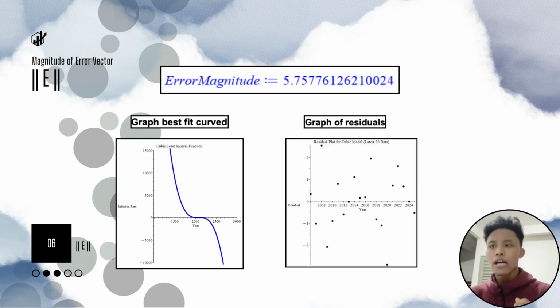On the left, our graph of the best fit curve maps our final cubic function over time. It beautifully smooths out historical fluctuations, capturing the steep descent and the subtle structural plateau during the mid-2010s. Finally, the graph of residual plots shows each year's individual error against a zero baseline.